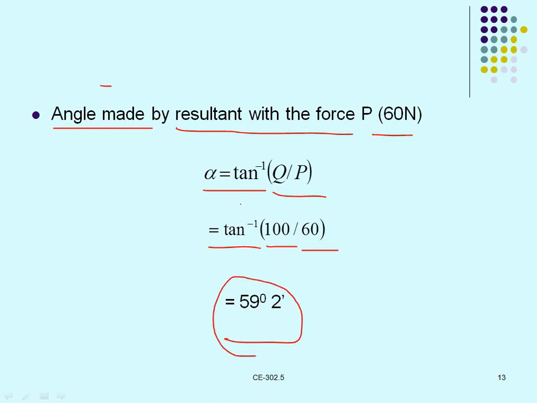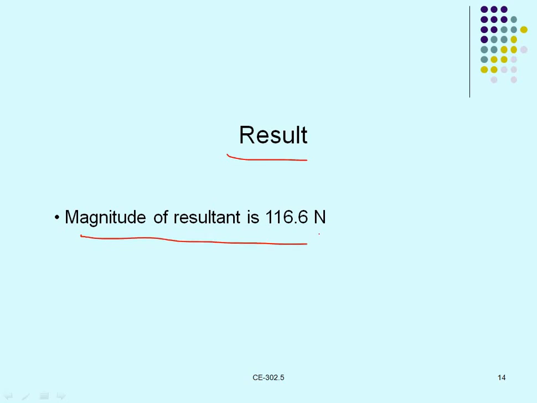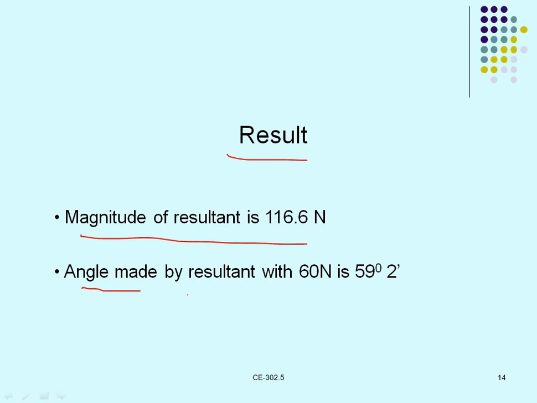It is the angle made by the resultant. So the result: the magnitude of resultant is 116.6 newtons, whereas the angle made by the resultant with the 60 newtons force is 59 degrees 2 minutes.